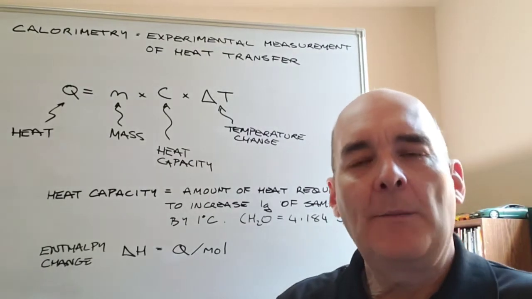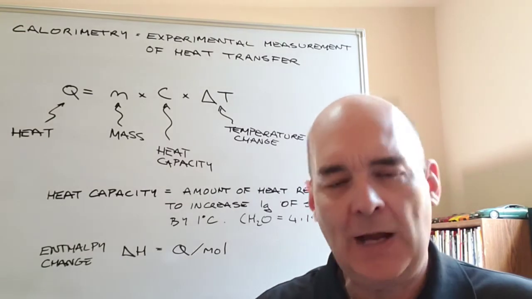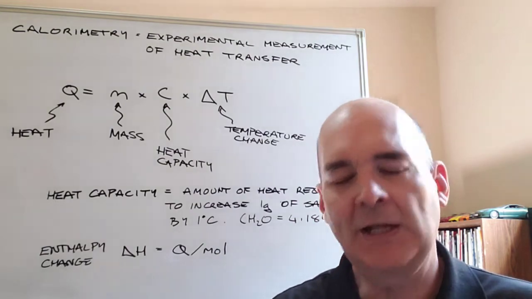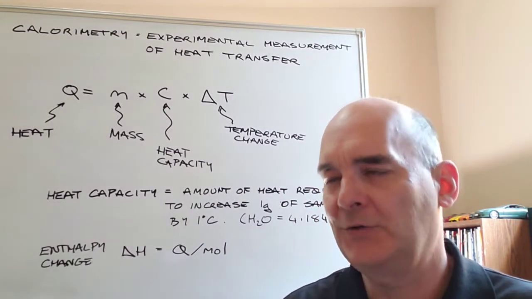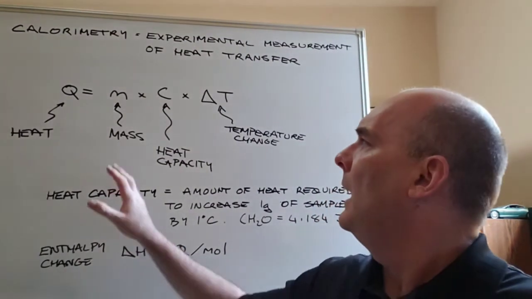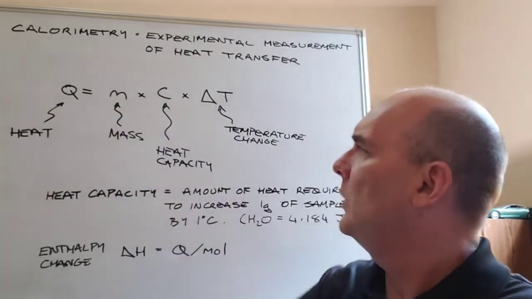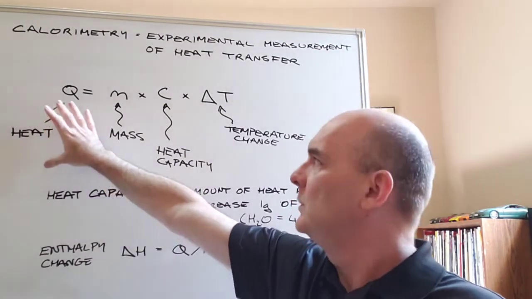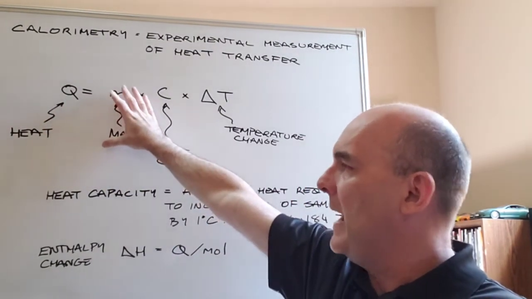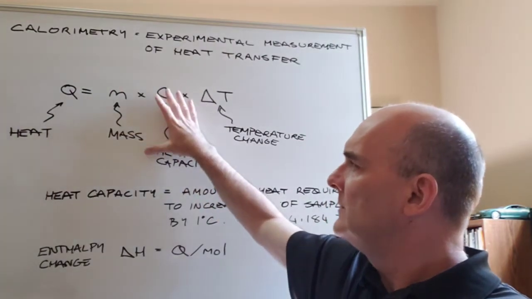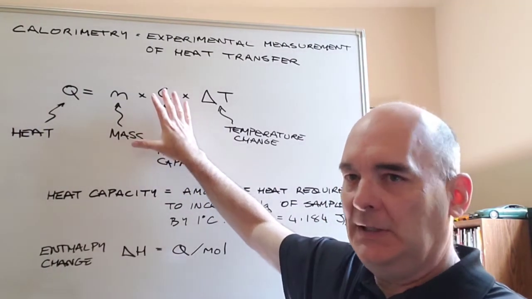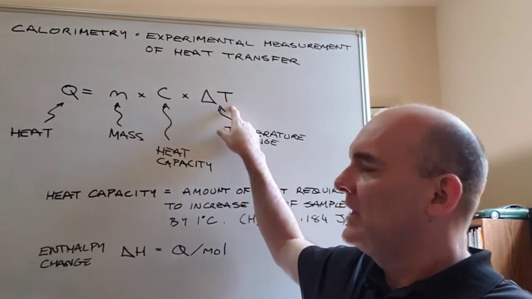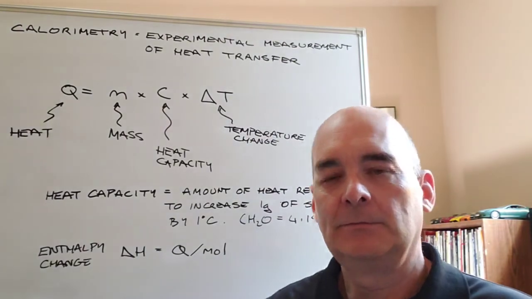We measure the amount of heat being given out or taken in during a process or reaction using an experimental technique called calorimetry. And the basic equation of calorimetry tells us that heat in joules is equal to mass in grams times something called the heat capacity times the change in temperature in degrees Celsius, which is really Kelvin.